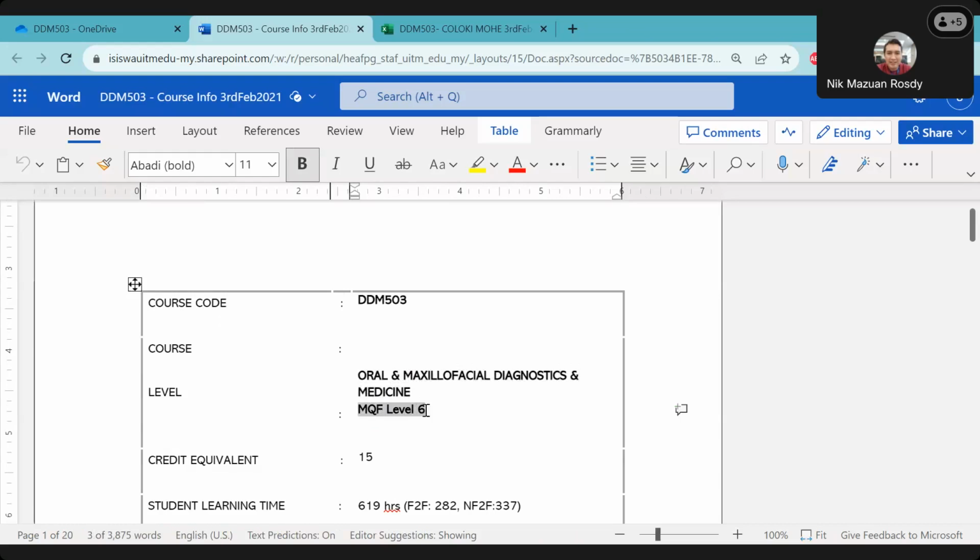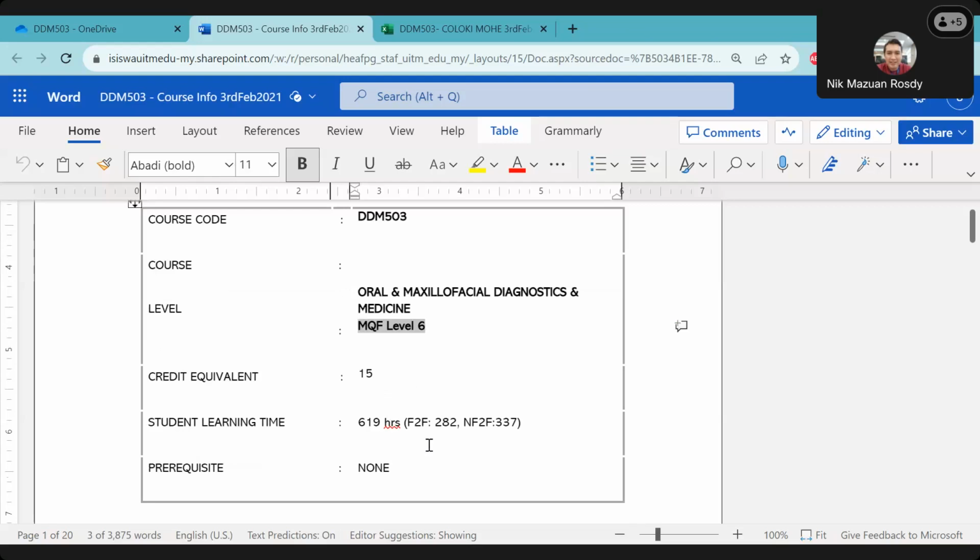And then for the credit equivalent, it is 15 for us because we divided 619 over 40. So whatever your SLT is, divide by 40. When you divide by 40, you might have 0.5, 0.6, 0.7, 0.8, so basically you have to round it.